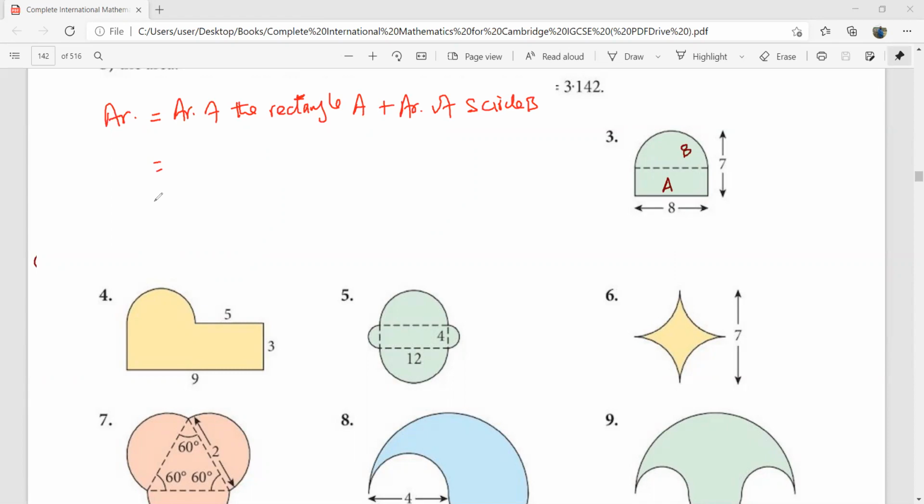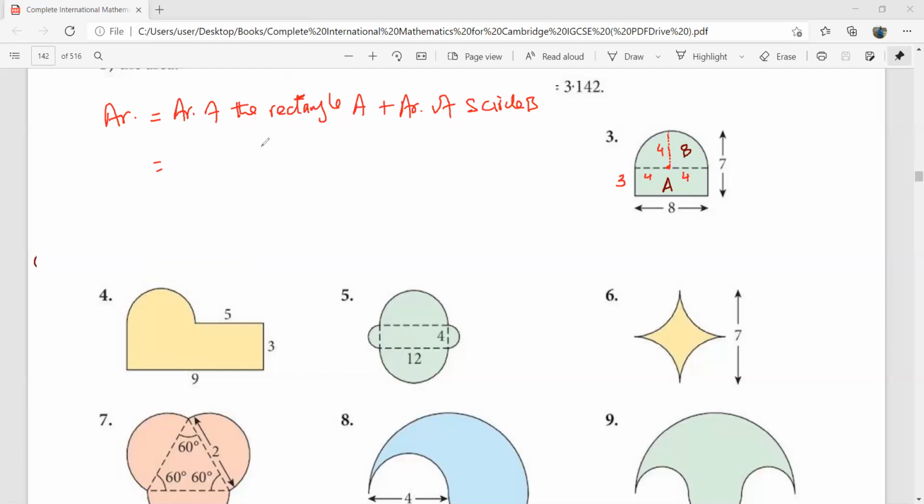So area of the rectangle plus area of the semicircle. Now look at how to get the length and the width. If this is 8, can I say the diameter of this semicircle is also 8? So the radius is 4. This is 4, so this much is going to be 4 as well. So this width would be 3.